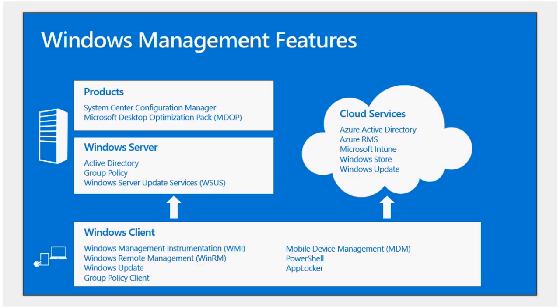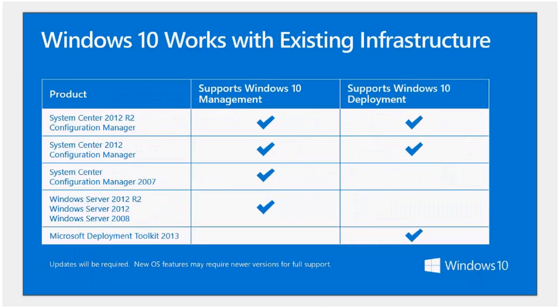We want to make sure that we have compatibility, first of all. So it's worth talking a little bit about what happens when you drop Windows 10 into existing infrastructure. From a System Center perspective, if you're running System Center 2012 R2 or System Center 2012 Configuration Manager, both will support Windows 10 management as well as Windows 10 deployment.